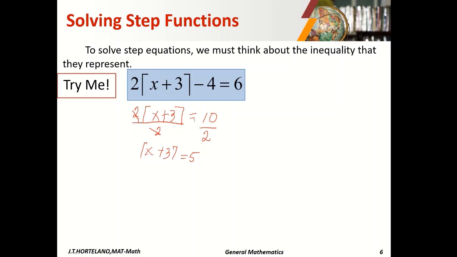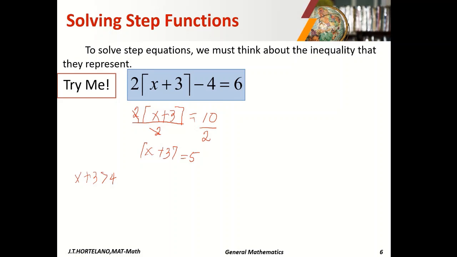So there are none other than those more than 4. Starting from 4.1, 4.2, up to 4.9999, all of those will give a ceiling of 5. Okay? So we need to consider the two inequalities. The first one is the x plus 3. We will treat this as greater than 4.